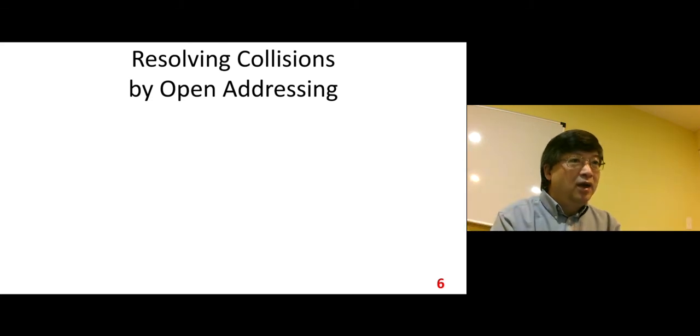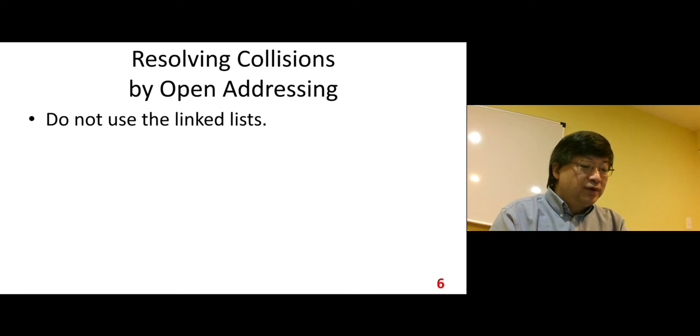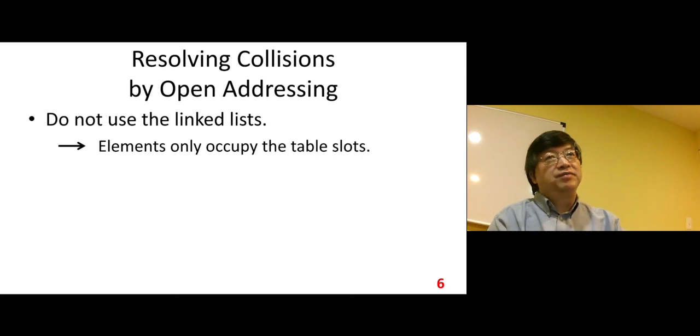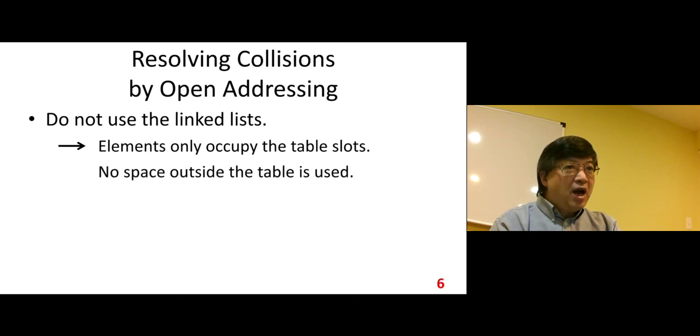Let's look at this method. Do not use linked lists. Elements only occupy the table slots. So that's an array, typically. We use an array to model the hash table. And no space outside the table is used.